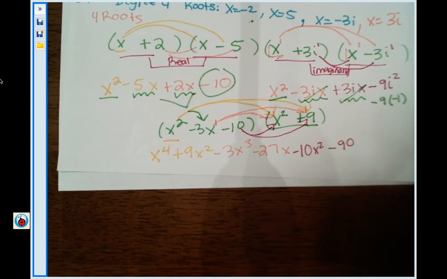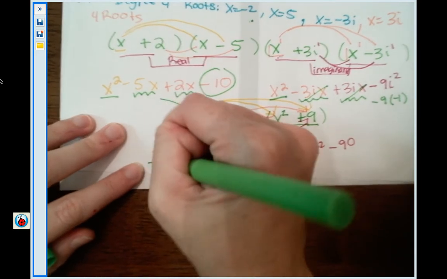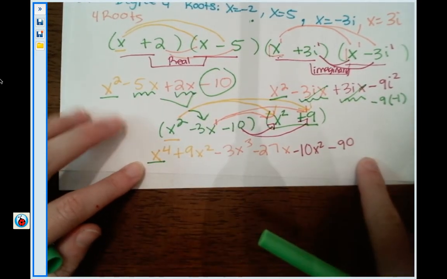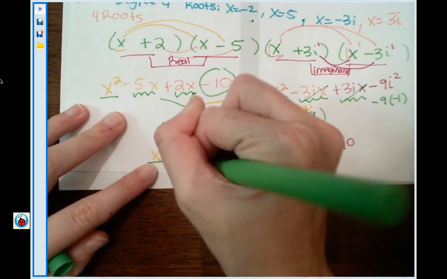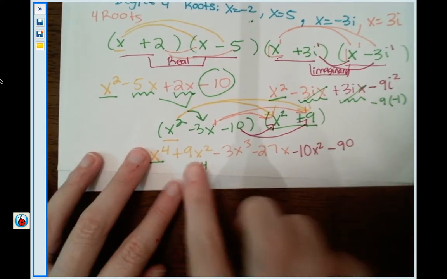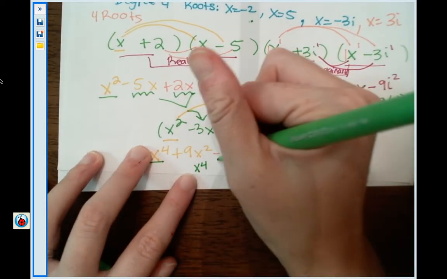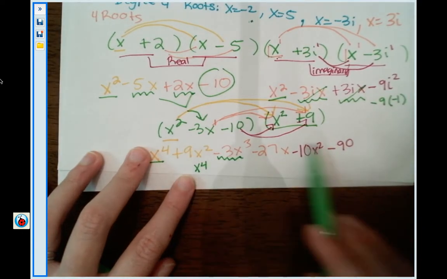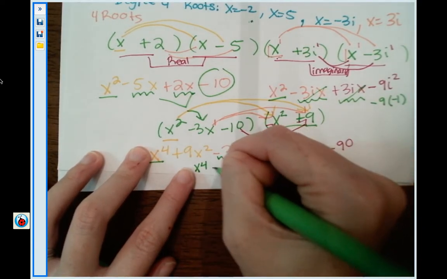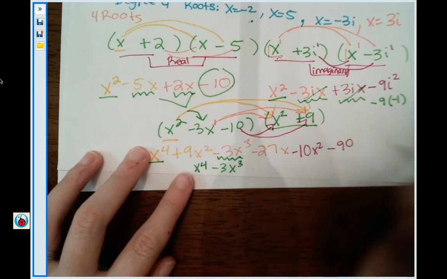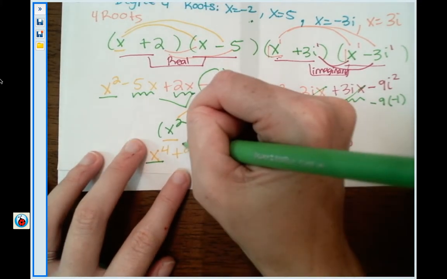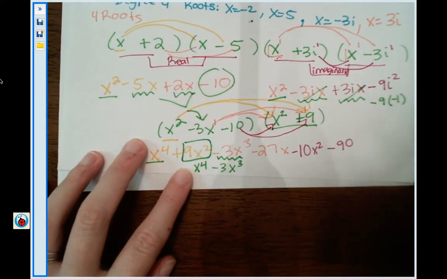Starting with my highest exponent, which is x to the 4th. Okay, I don't see any other x to the 4th to combine to, so it's just x to the 4th. My next highest exponent I see is x to the 3rd, which I don't see anything to combine that to, so it's just -3x to the 3rd. Okay, I have a 9x squared, that's my next highest exponent.